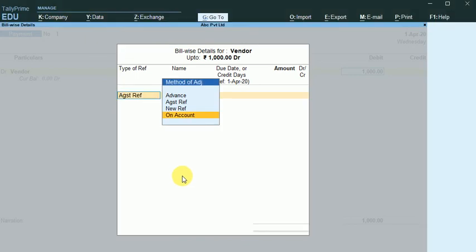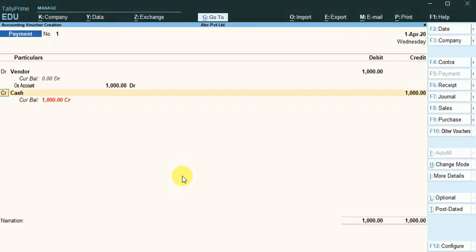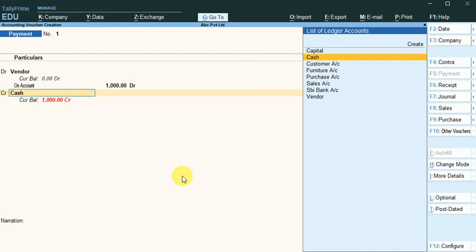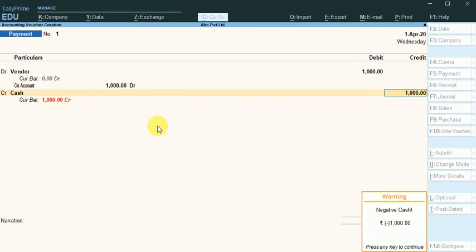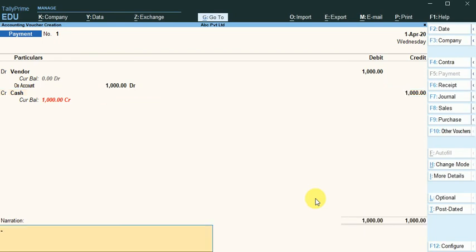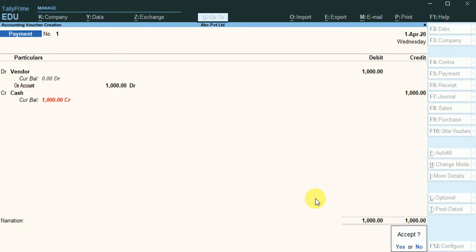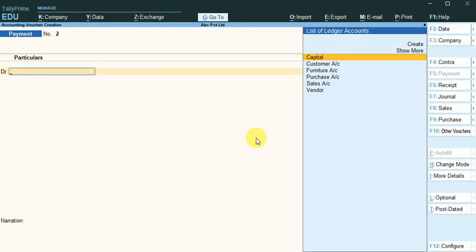I'm making it on account. Then the cash will be credited. This red line shows that we have no cash as of now. That's not a problem. It shows a warning that we have no cash. Yes, no problem, I can make the payment. So I have made a payment.